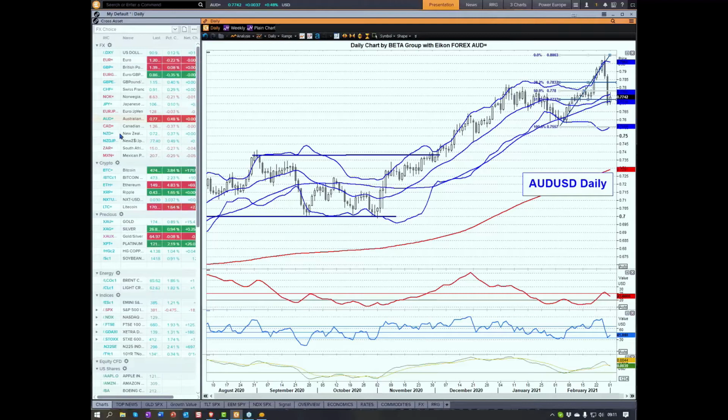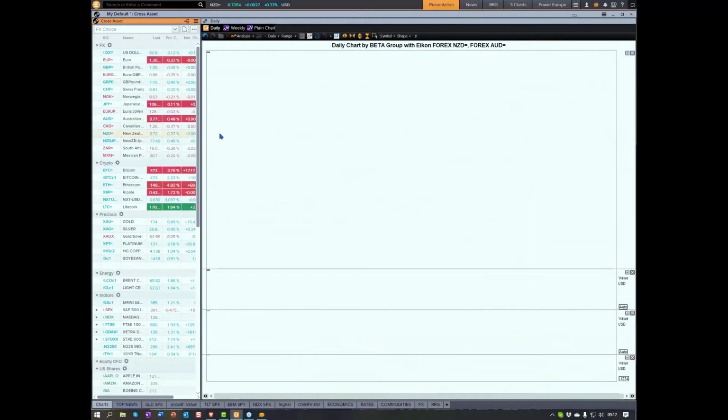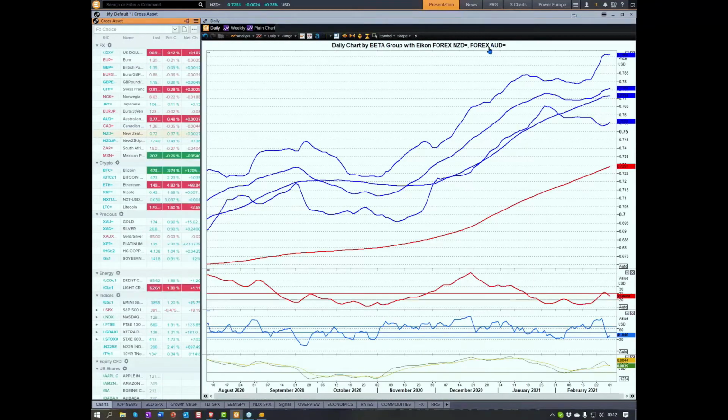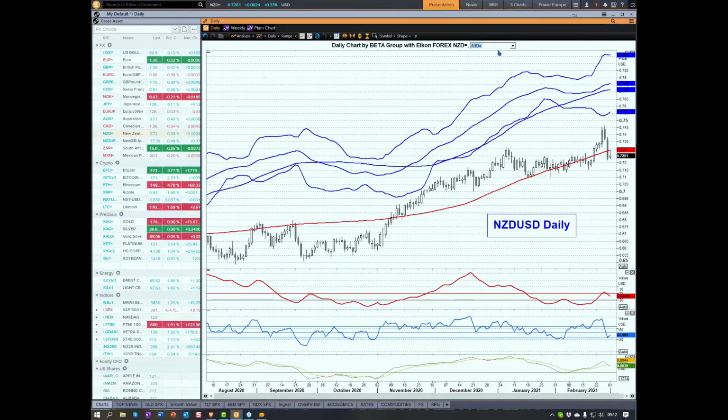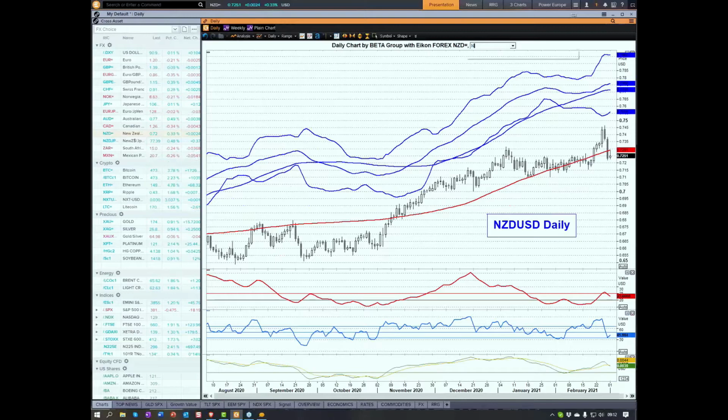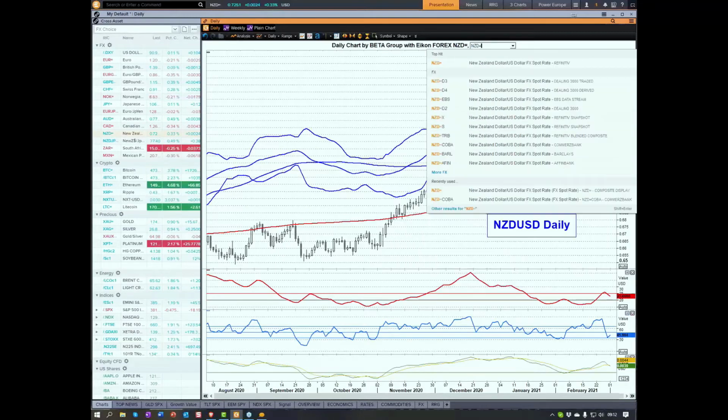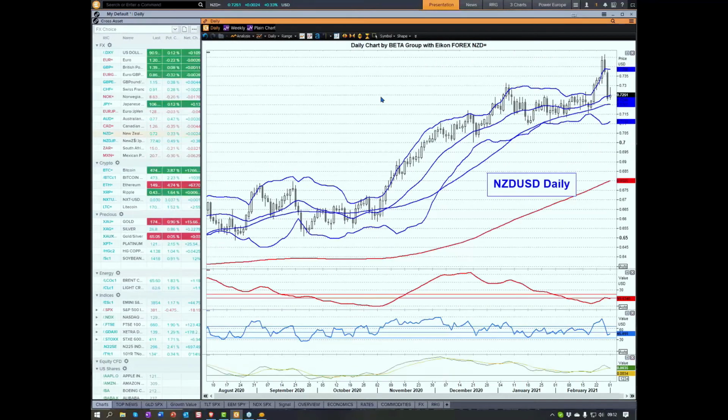A similar picture on the New Zealand dollar. I'm not looking at the Canadian because it's so similar to the Australian dollar. Both are big commodity producing countries.